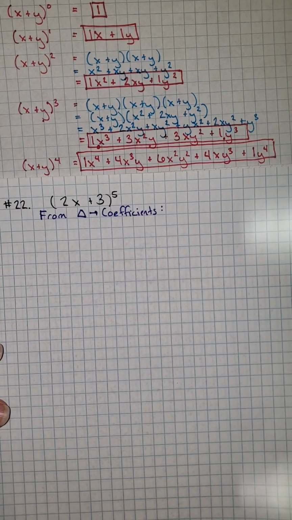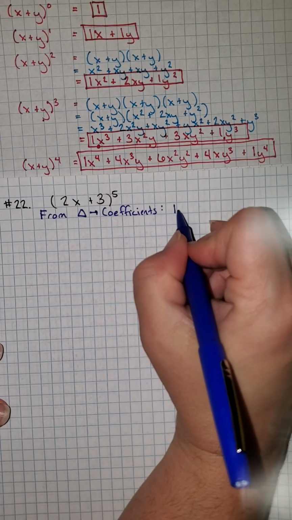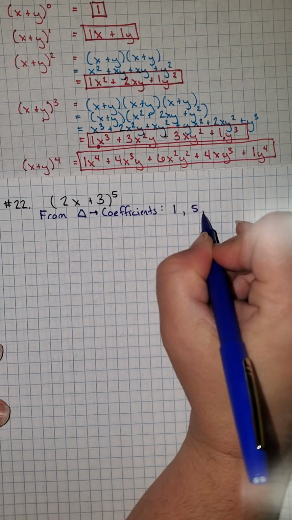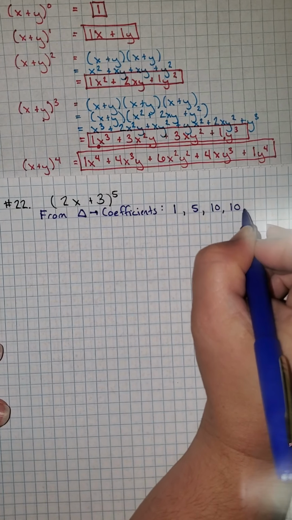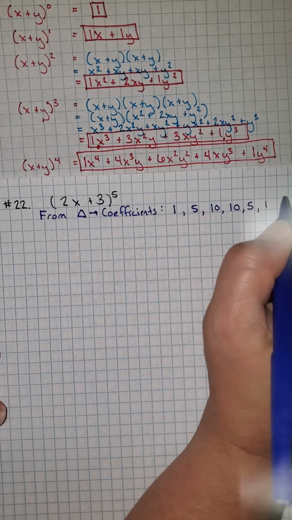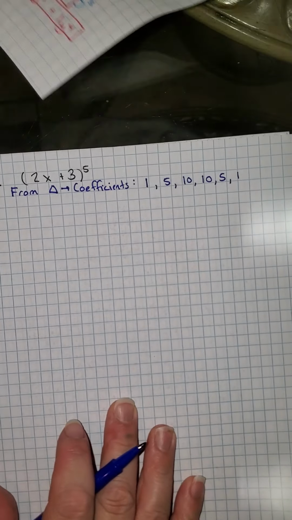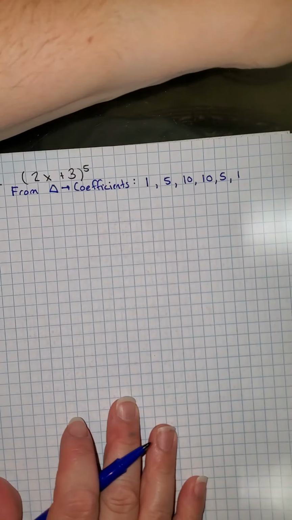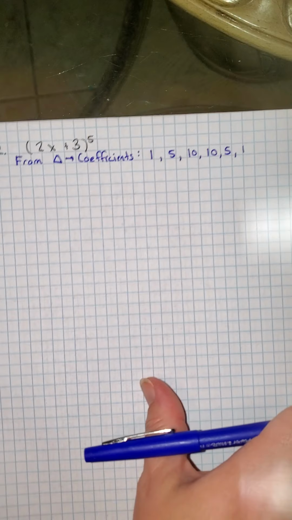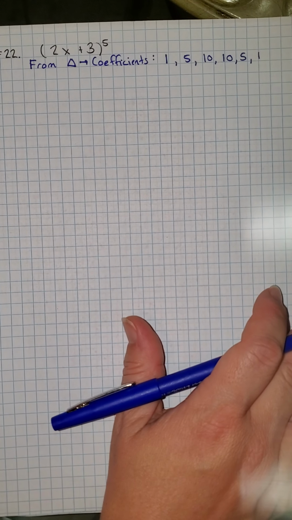Row 5, our coefficients are 1, 5, 10, 10, 5, and 1. Now this one is a little bit different because we have that 2 there, so we're going to have to deal with that. It's a 2 and a 3, so this one's just kind of different.